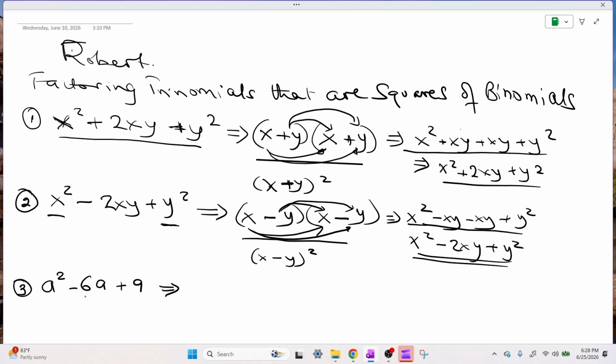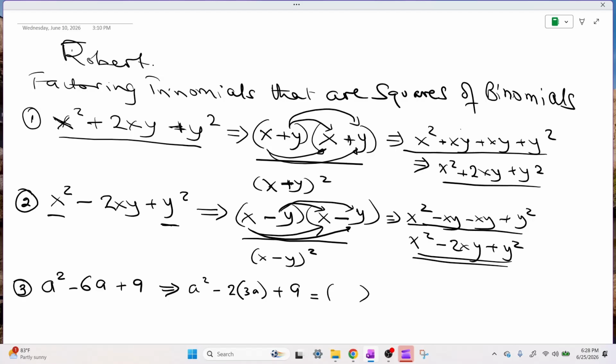You can clearly see that this example here can be written as a squared minus 2 into 3a plus 9. So this expression here now looks exactly like the second example we had here. So we can use the result we got in our second example to solve this problem.